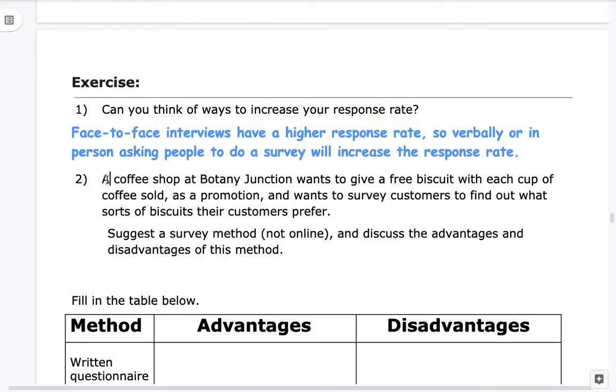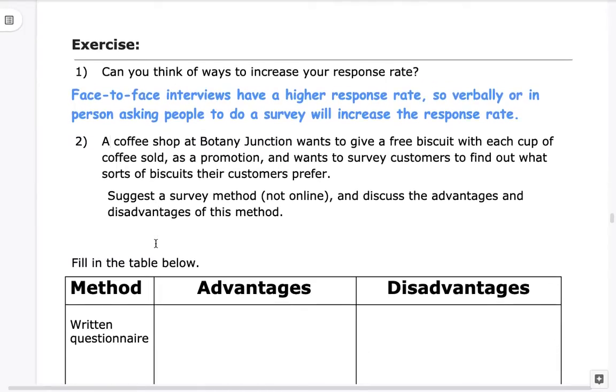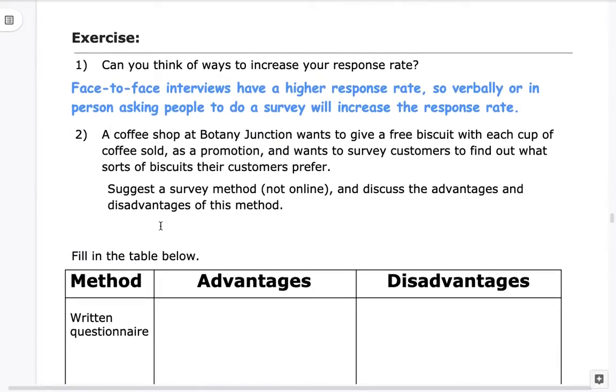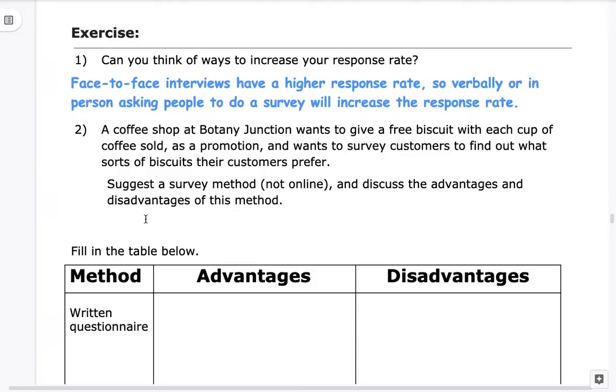Question number 2. A coffee shop wants to give out a free biscuit with each cup of coffee, and they want to survey their customers to find out what sort of biscuits customers prefer. So we want to look at a survey method and find the advantages or disadvantages of that. Okay, so this might be a pen and paper survey.